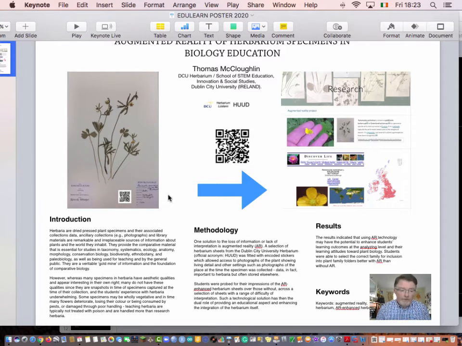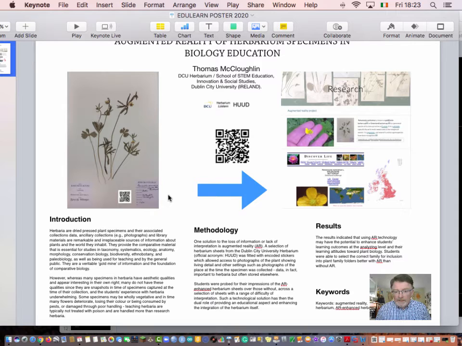What I was doing here with students, and these are students who are going to be primary teachers, was presenting them with their impressions of AR enhanced herbarium sheets over those without, and of course, being younger people, they thought anything that has an IT element to it is better, whatever that means.